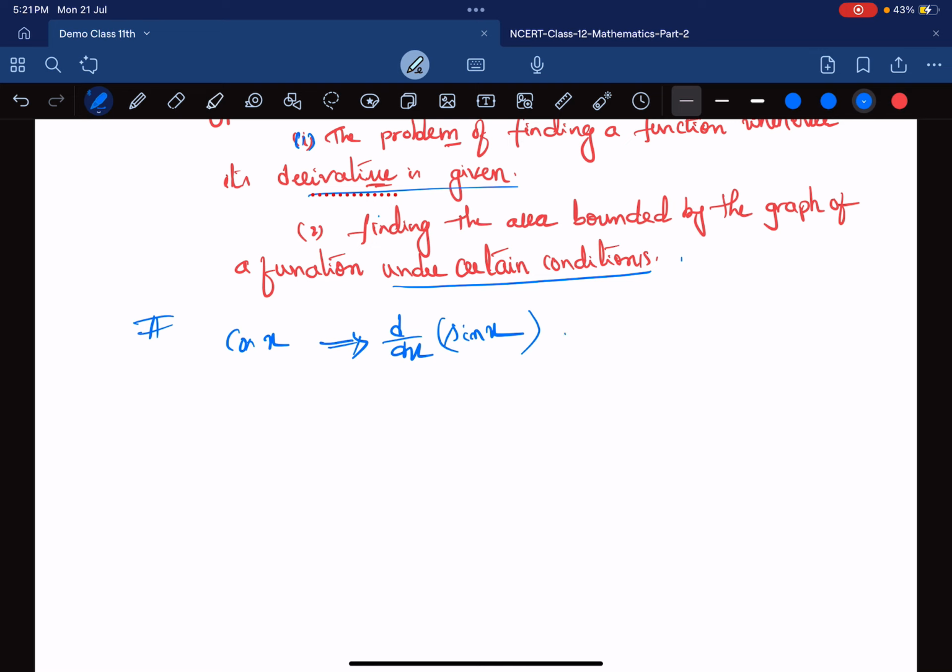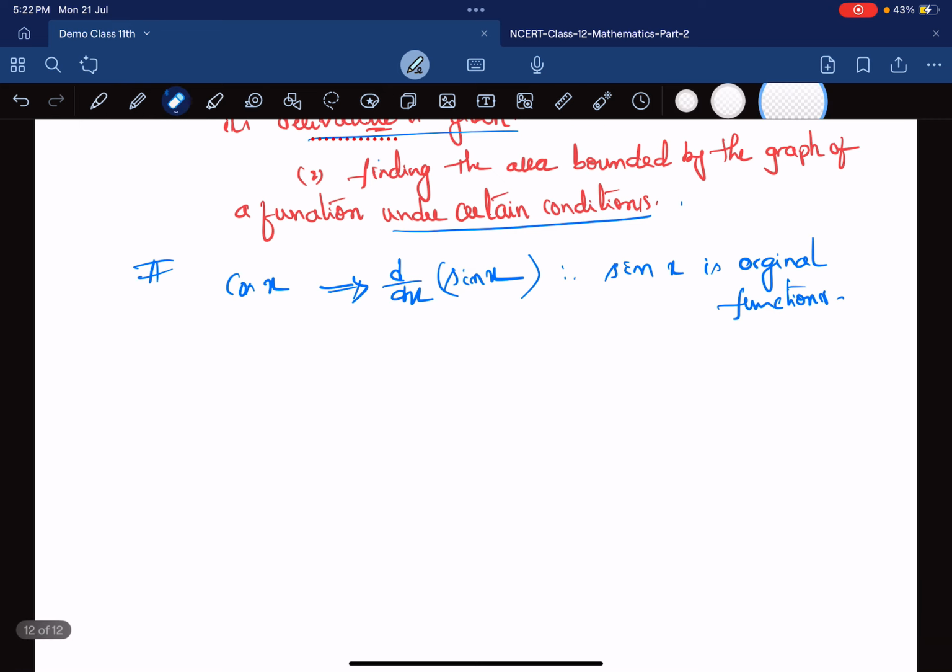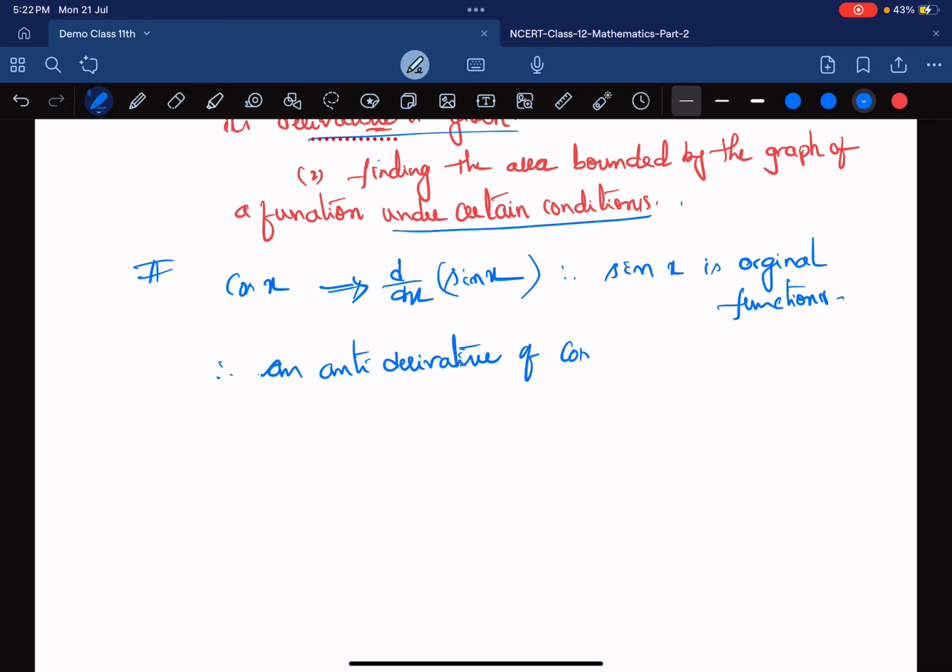Now this sin x is called the original function, so this is also called an antiderivative. Therefore, an antiderivative of cos x is sin x plus c, because the derivative of a constant is 0.